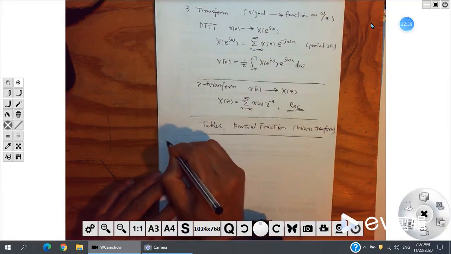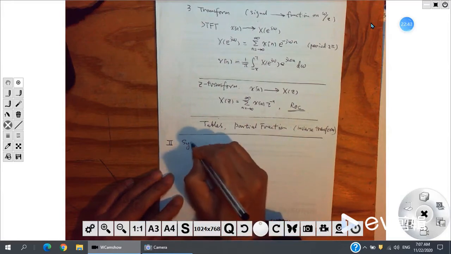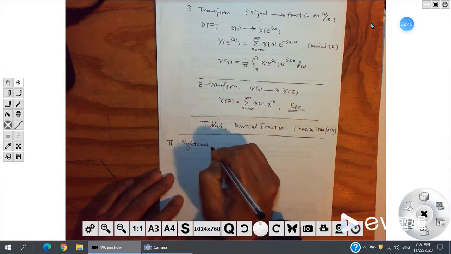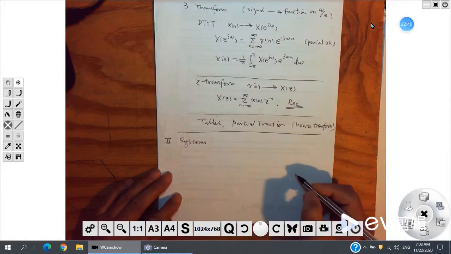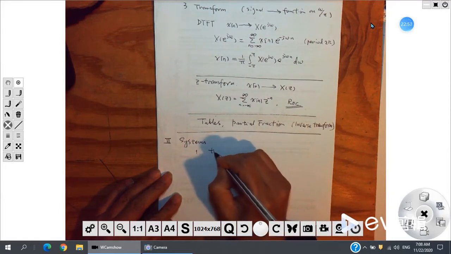Then part 2 for systems. Basically, we have the types of system, right?